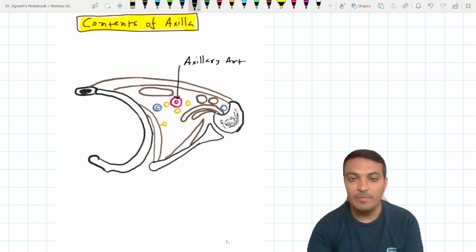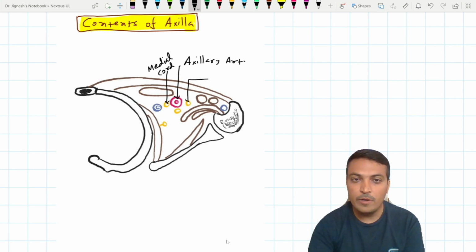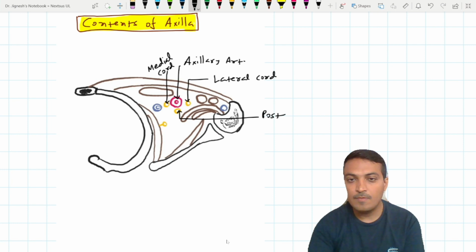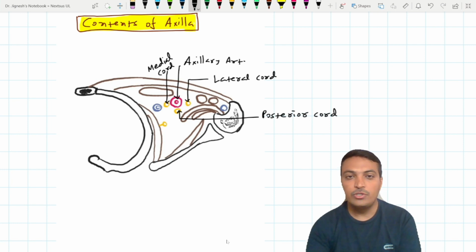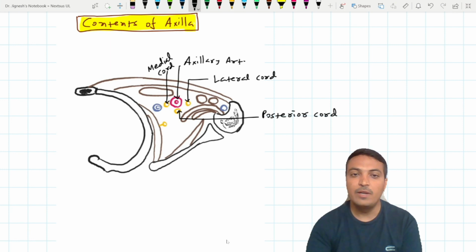According to their site near the second part of the axillary artery, this one is the medial cord, this one is the lateral cord, and here this one is the posterior cord of the brachial plexus. So the three cords are present around the axillary artery, and they also form the content.